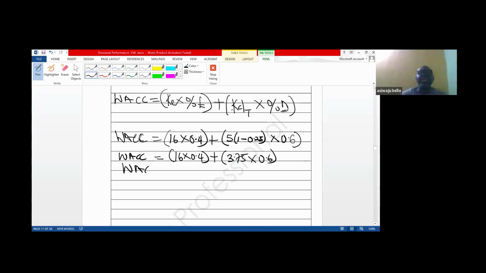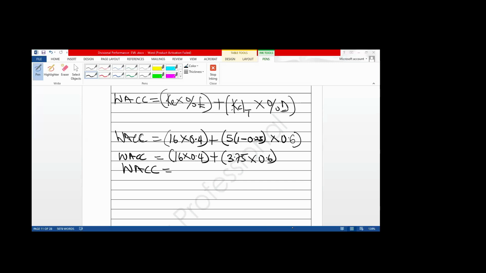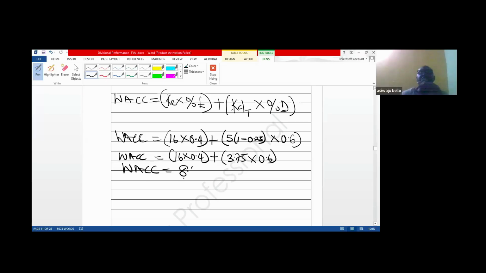What is the weighted average cost of capital? 8.65. You can now introduce your percentage back.